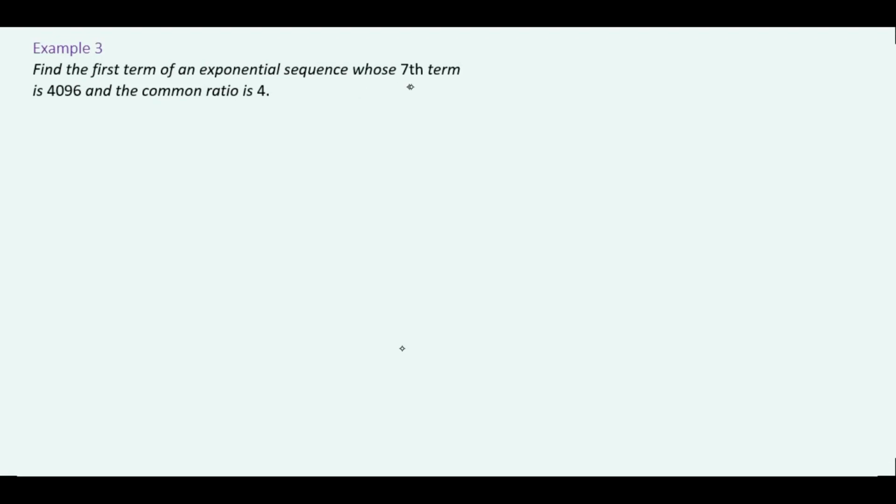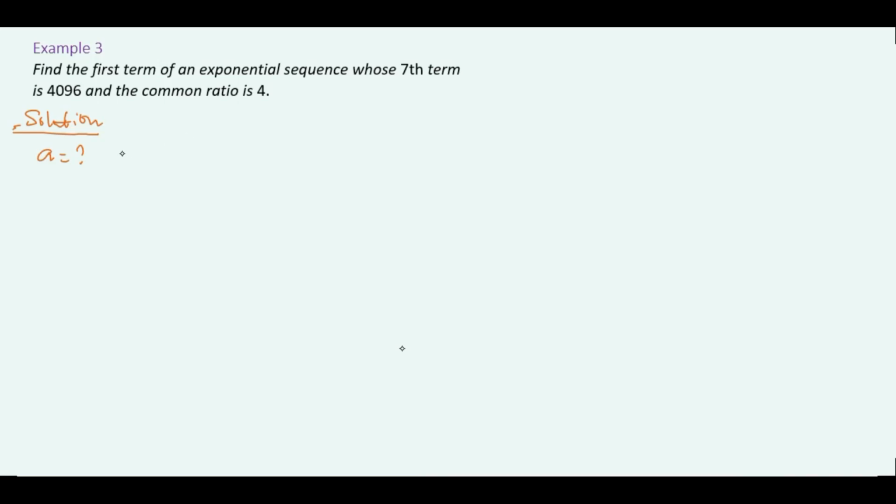Looking at example 3: find the first term of an exponential sequence whose seventh term is 4096 and the common ratio is 4. We are asked to find the first term. Let's start with the solution. A is what we are looking for.